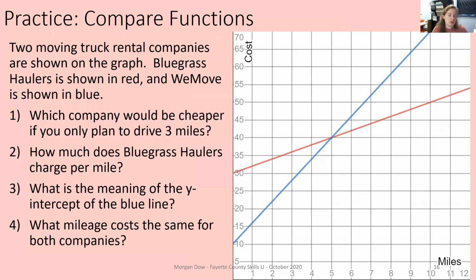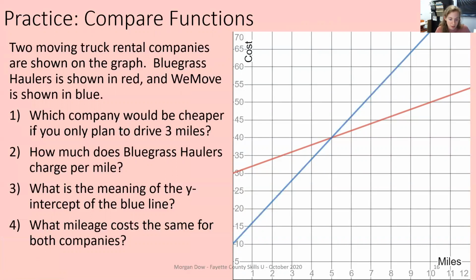So 2 moving truck rental companies are shown on the graph. Bluegrass Haulers is shown in red, and We Move is shown in blue. Which company would be cheaper if you only plan to drive 3 miles? So take a minute to look at the graph.